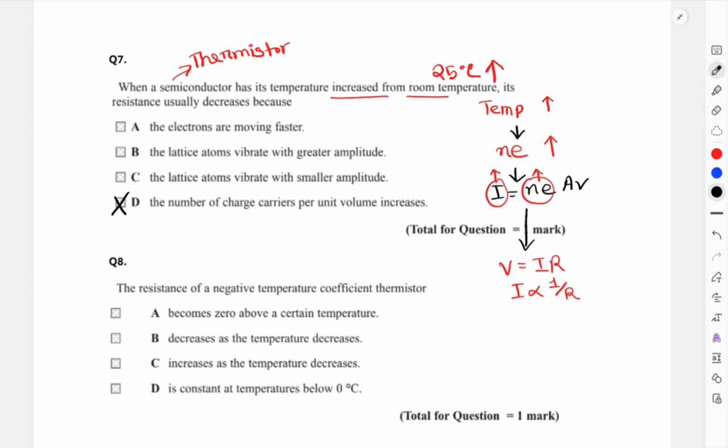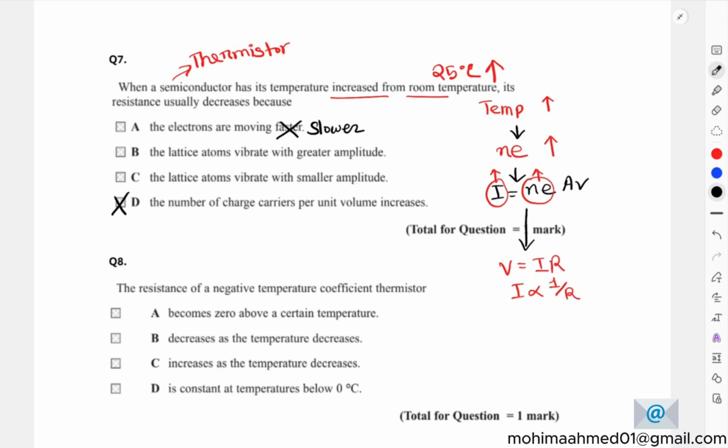For your filament bulb, this was supposed to be a little different, slower. The drift velocity decreases because now there are more electrons passing through the wire. So for positive temperature coefficient conductors, when temperature increases, their drift velocity decreases, so current decreases.